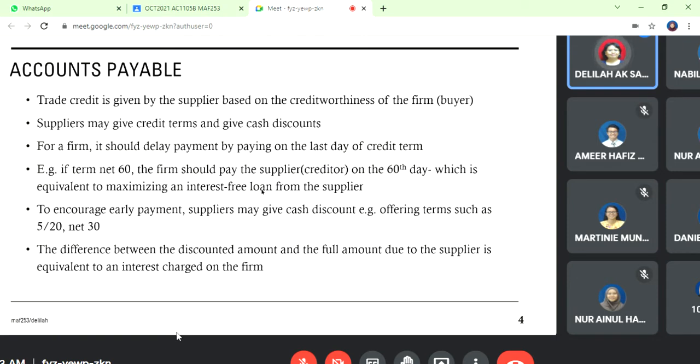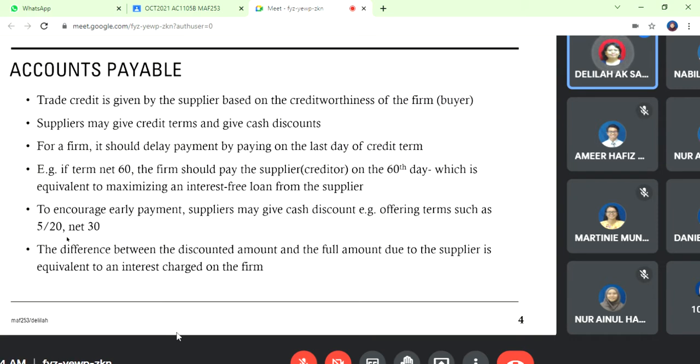So, for example, you buy from your supplier and you owe your creditor RM1,000, term net 60. So you wait until the 60th day and then pay. You pay 1,000, with no interest. That is what we mean by having an interest-free loan from your supplier.